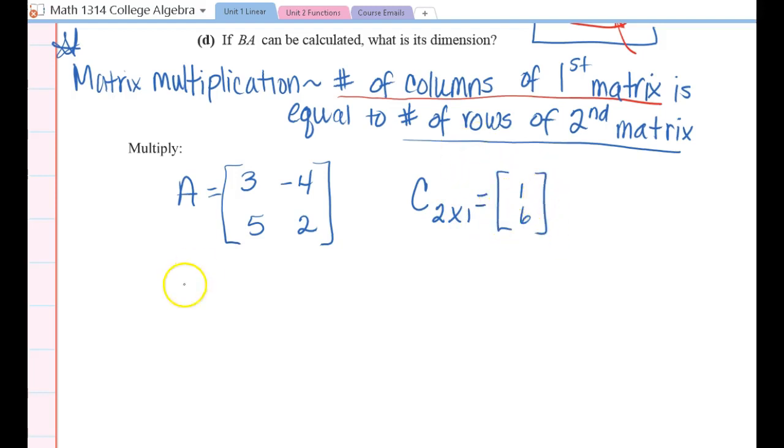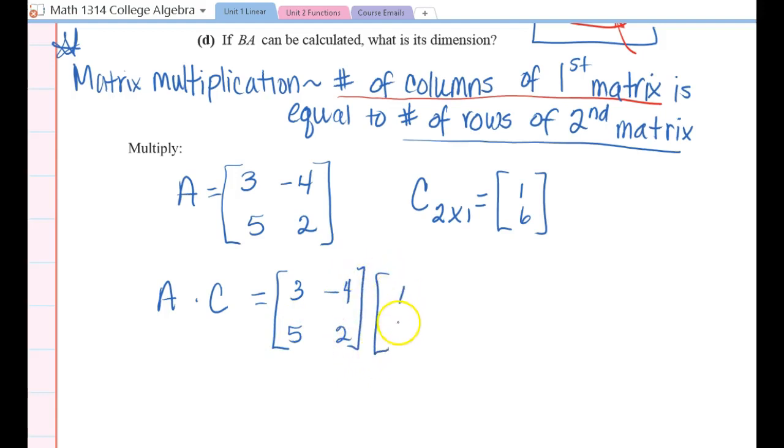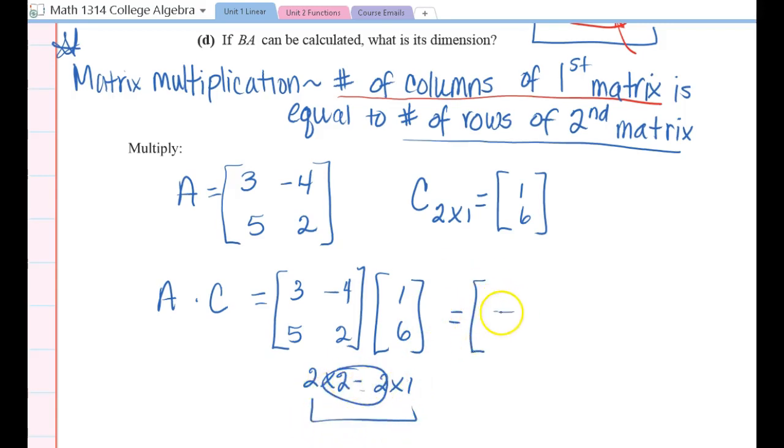So I want to multiply matrix A times matrix C. Then I will have 3, negative 4, 5, and 2, and I'm going to multiply it times 1 and 6. Now we've already mentioned that a 2 by 2 times a 2 by 1, these two are equal, will actually give me a 2 by 1. So an answer up here and a number right here. Two elements there. So let me show you how to multiply.